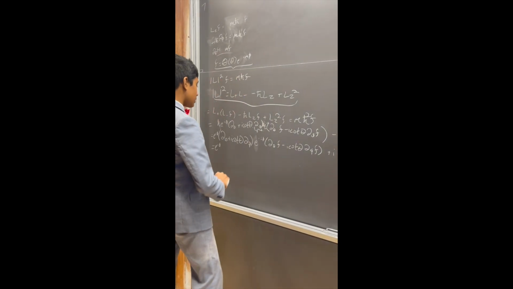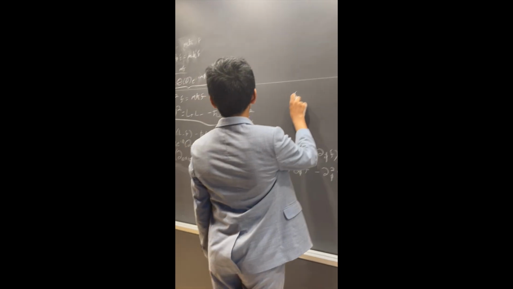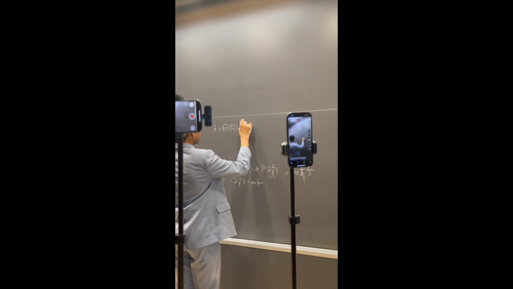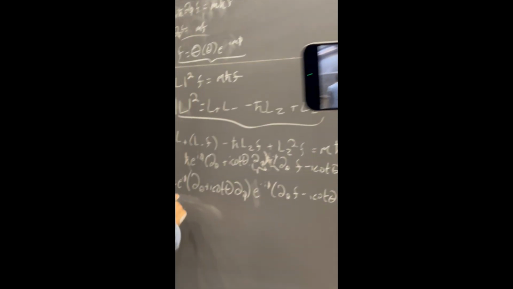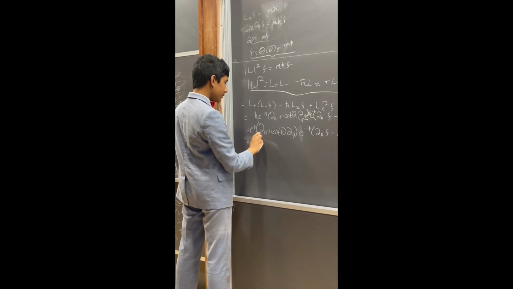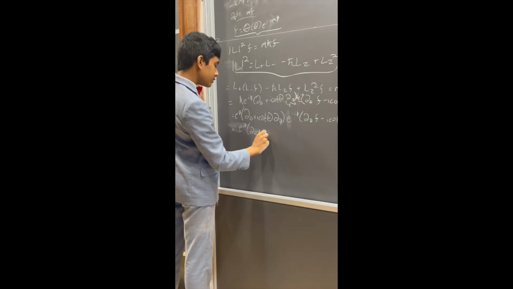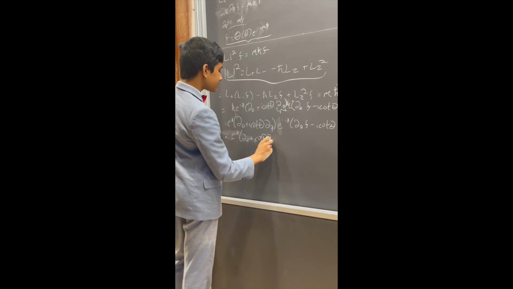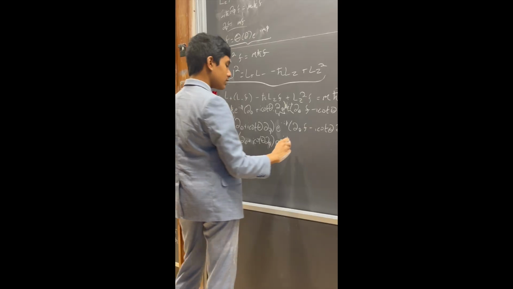Well, first thing we're going to do is factor f into theta of theta e to the i m phi. So what you get here is e to the i phi multiplied by partial theta plus i cotan theta partial phi, e to the minus i phi.